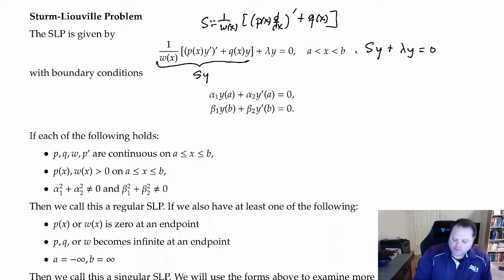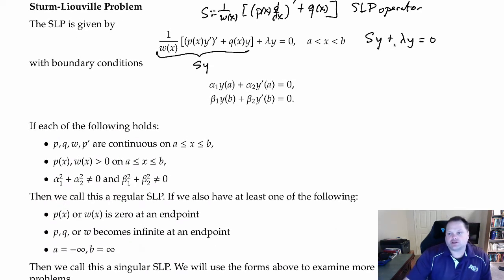This operator, which acts on y, is called the SLP operator, or Sturm-Liouville operator. But honestly, I just want you to think of it this way. It's basically another way of thinking about what kinds of eigenvalue problems fit a certain pattern. And if they fit this pattern, then we're allowed to separate variables without any problems.